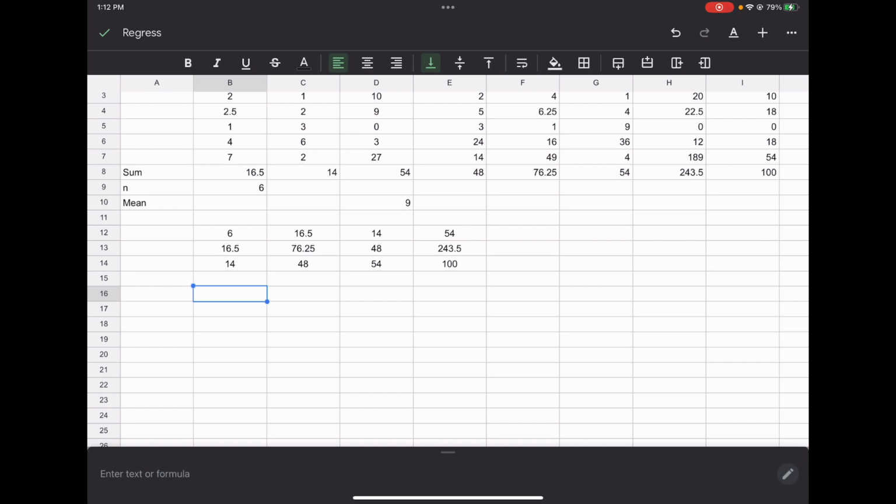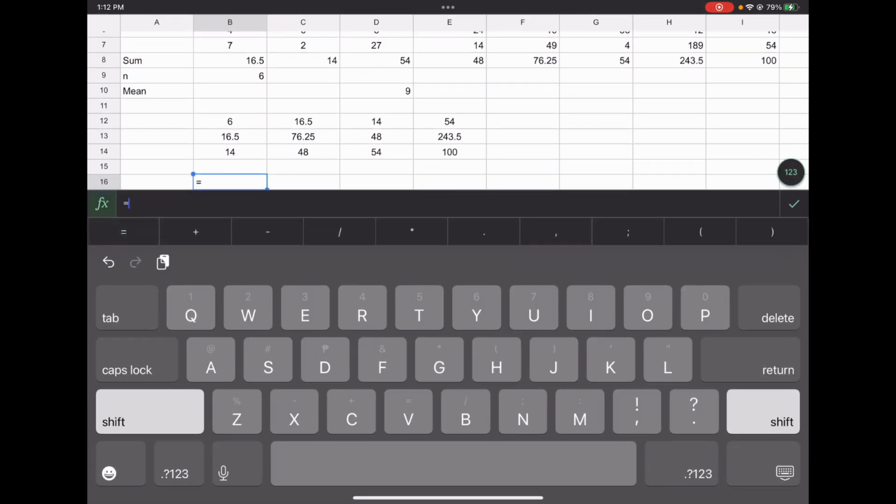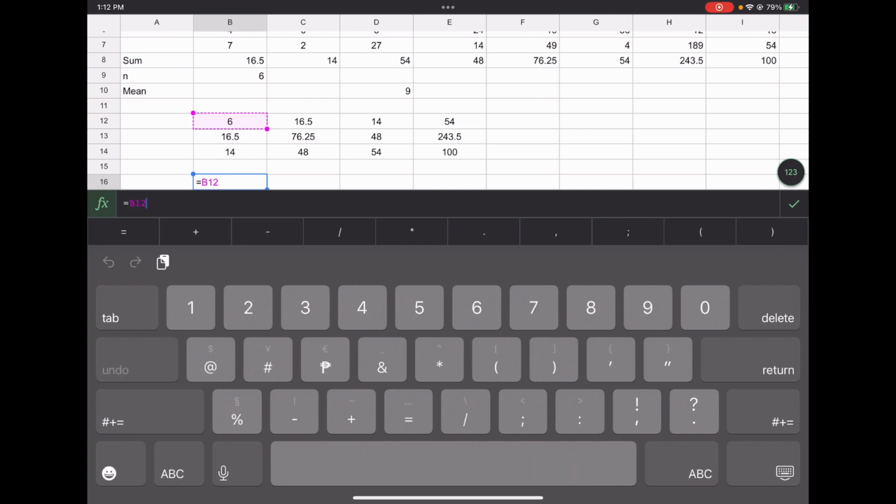We can do that by dividing everything in this row by 6, or by itself.